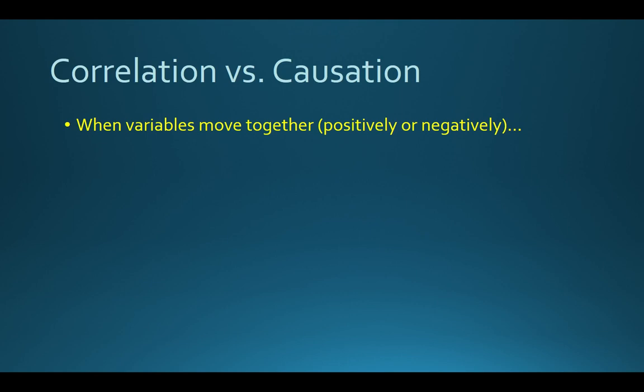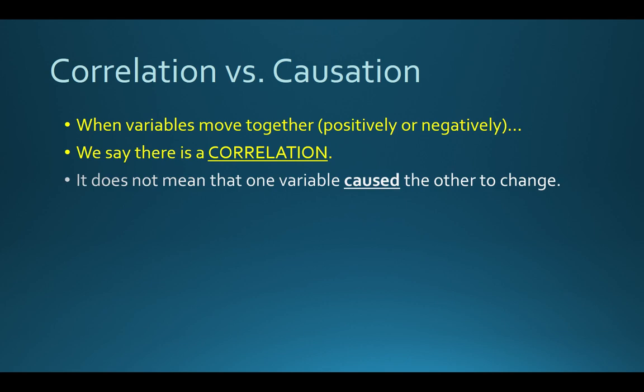When variables move together, either positively or negatively, we say there is correlation, right? So if variable x and variable y move together in some way, then we say there's a correlation. But here's what we have to be careful of. It does not mean that one variable caused the other to change, right?